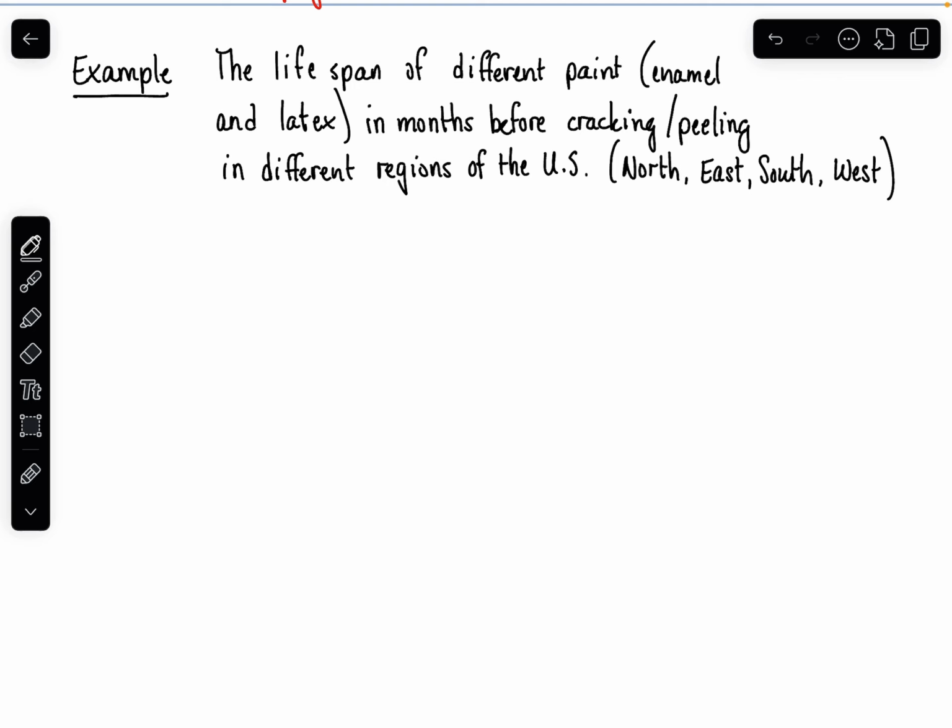In fact, to give you the actual data that would be used here if we were doing the full calculations by hand, we would break this down into a table so that we have the enamel and the latex as the 2 levels of the factor of paint type.